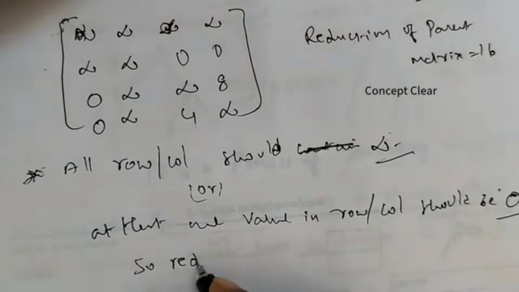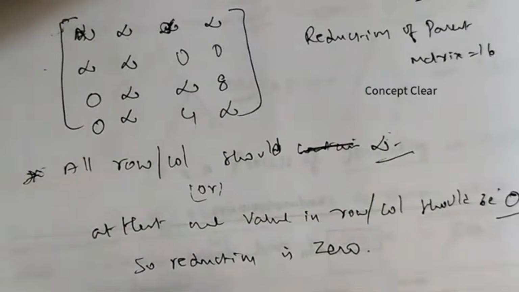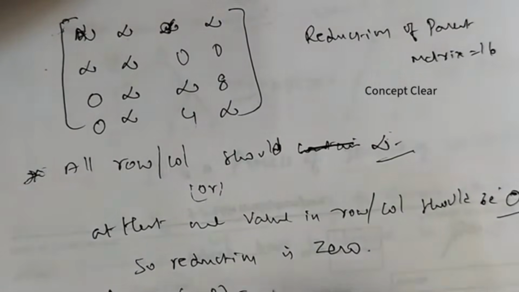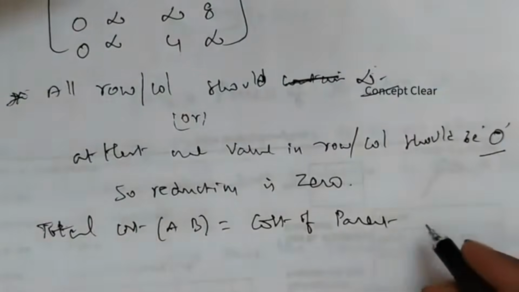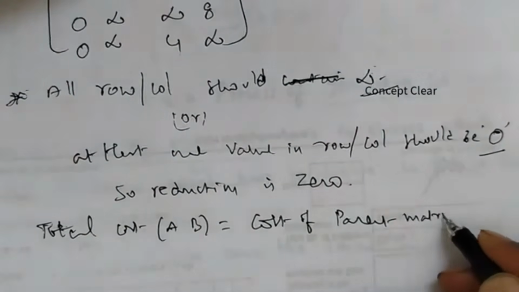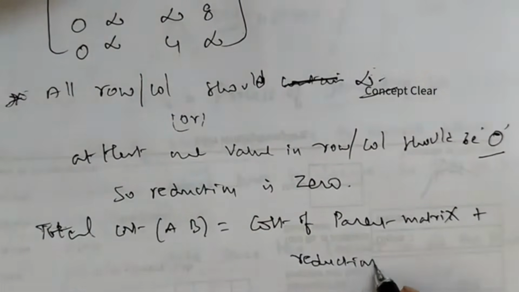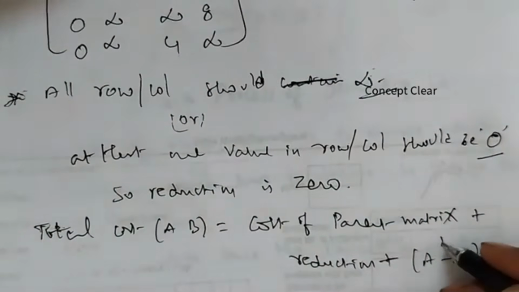So reduction is 0. So the total cost of A, B is equal to, this is the formula, total cost of AB is cost of parent matrix plus reduction plus A to B parent matrix.